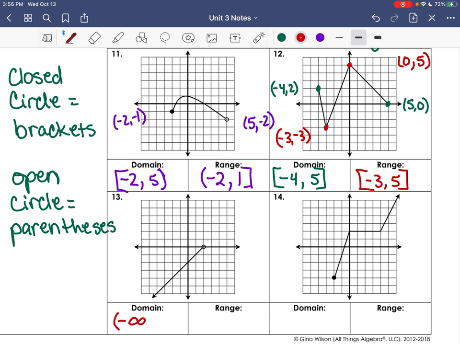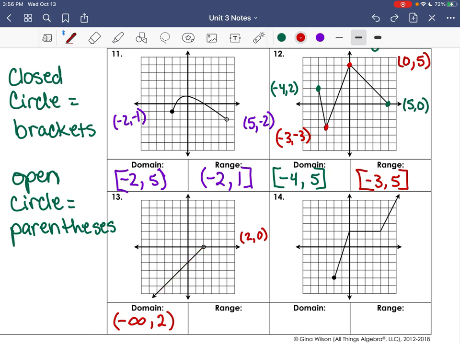Now, this point right here is 2, 0. It goes over 2, but it doesn't go up or down, so it's just 2, 0. So that means that to the right, it goes to 2, but it doesn't include 2 because it's an open circle. So think about, we're coming in from negative infinity, and then we go over to 2 and stop.